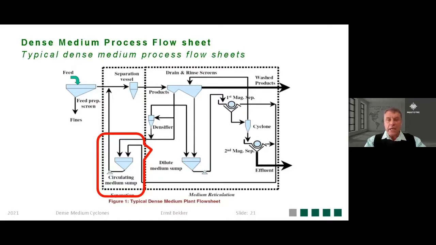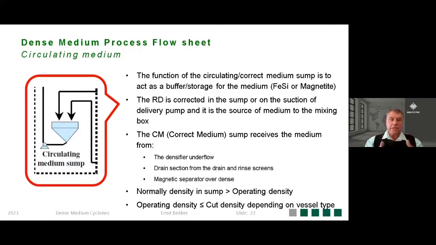The function of this sump is to collect the circulating media, used as a storage or buffer entity that keeps the media available to be pumped to the mixing box, where the ore and the media are then mixed. The media, as I mentioned earlier, can be ferrosilicon or magnetite.